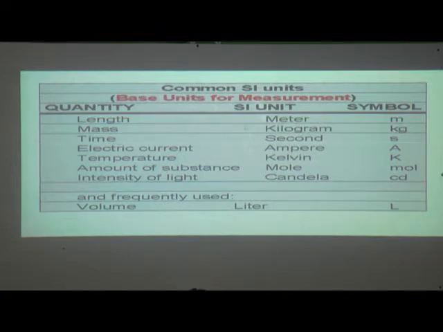For time, second is there and the symbol is S. Electric current, ampere and A is the symbol. Temperature, Kelvin is the unit, K is the symbol. Amount of substance, mole, symbol is mol. Intensity of light, candela and we can write cd for it, and for volume, liter and we can write it as L.